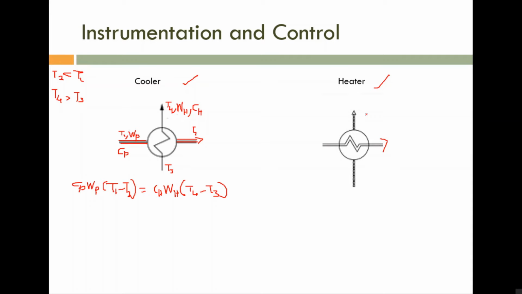Is it okay? So now, what is the purpose of this heat exchanger? From this symbol of the heat transfer medium itself, you can say this one is a heater. So now, what are the variables associated with this heater? The same thing.